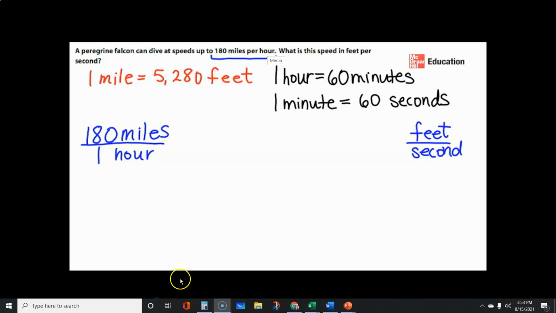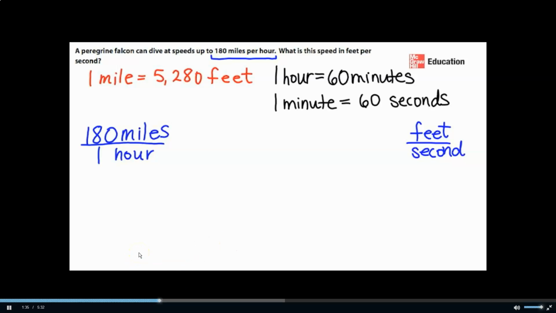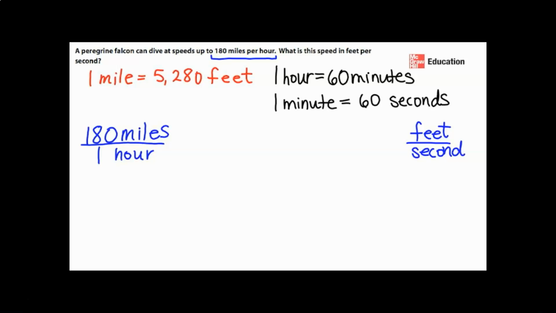I think she's going to do it in 2 steps. Let's see. Which means we'll want to look at the words provided. Miles. We know that 1 mile is equivalent to 5,280 feet.